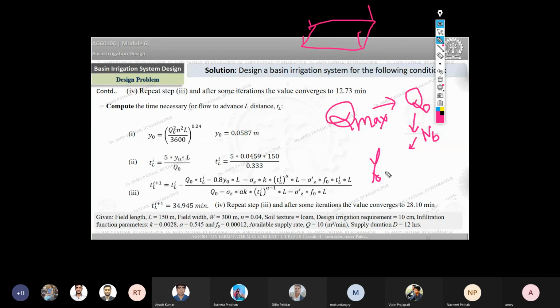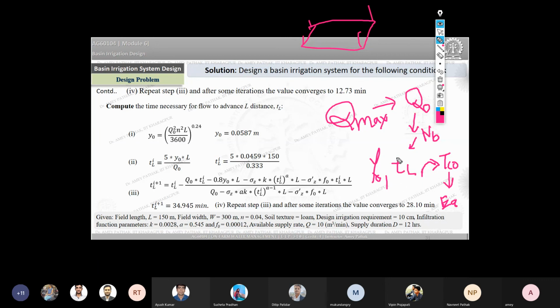That we have to calculate. After that, we have to find the value of B, basically the TL, time of advance. Why do we have to find time of advance? Because it will help us find time of cutoff. Now time of cutoff can be used to calculate the efficiency.